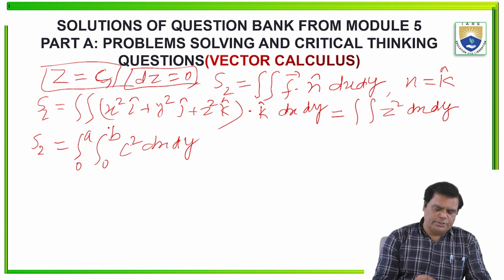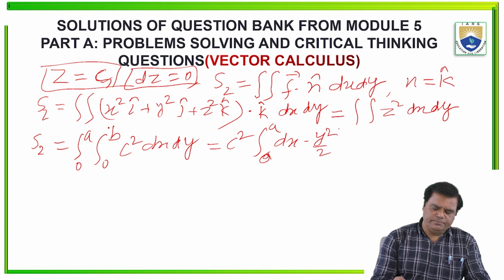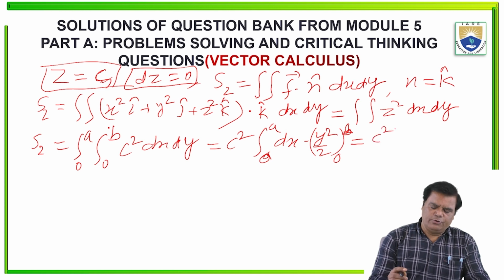Now c square times the integration of dx from 0 to a and the integration of dy with limit 0 to b. So this equals c square, only the integration of dy with limit 0 to b.